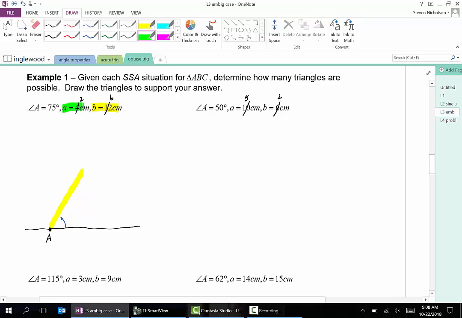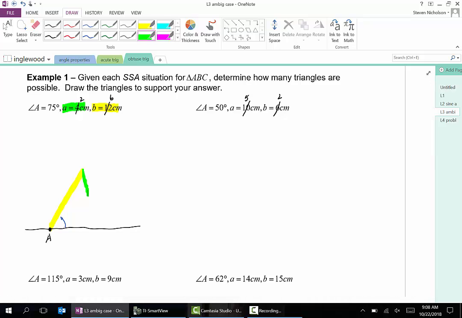And side A, well, little a is opposite big A. Little a is always going to be that side of the triangle right there. So again, follow this convention. Angle A at the point, little b is that yellow highlighted line that you're going to draw at 75 degrees, and little a is the side opposite. And I want to know, can you draw a triangle?